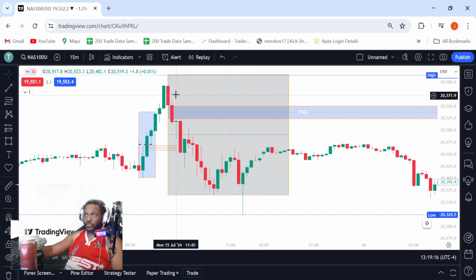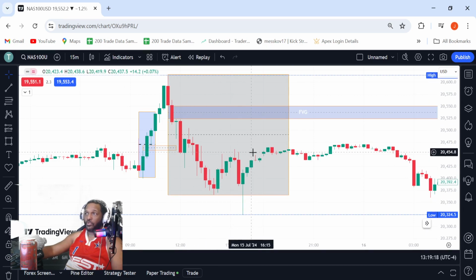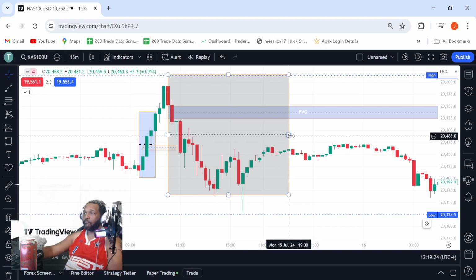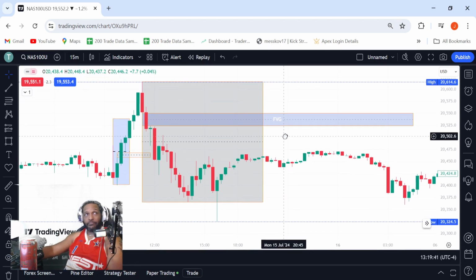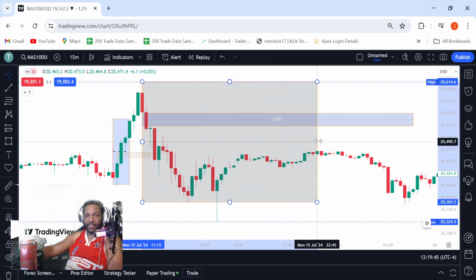And the confirmation is contained within the range, which is why I always put some kind of midline, basically an encroachment point or a 50% point, in all of the boxes and the drawings that I put on my charts. Why? Because I want to see if it gets respected, and I also want to see if it validates an idea.